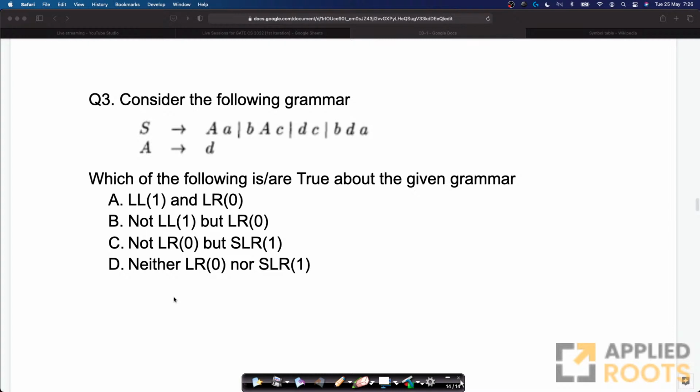Please be careful with this question. It's okay. Take time. You could be asked this question for 2 marks. That's okay.